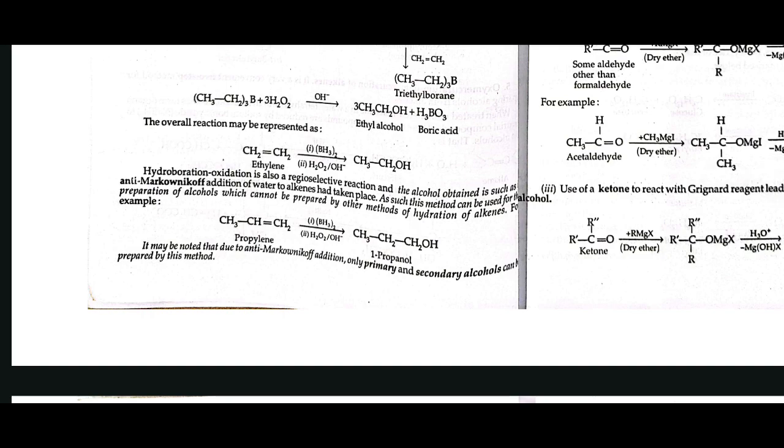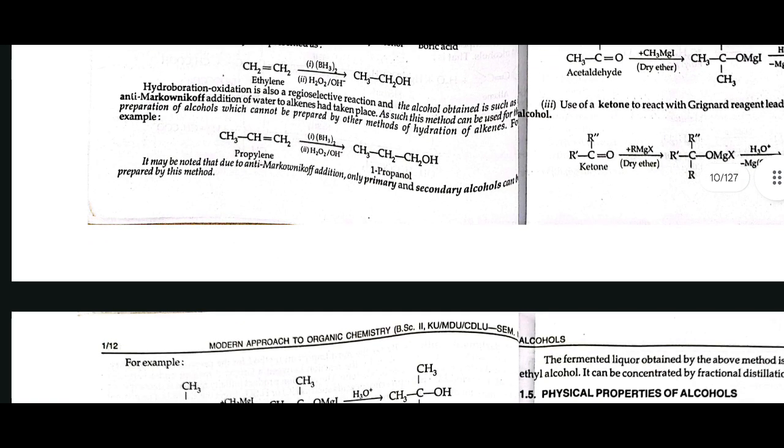Hydroboration-oxidation is also a regioselective reaction, and the alcohol obtained is such as if anti-Markovnikov addition of water to alkenes has taken place. Thus this method can be used for the preparation of alcohols which cannot be prepared by other methods of hydration of alkenes. For example, it may be noted that due to anti-Markovnikov addition, only primary and secondary alcohols can be prepared by this method.